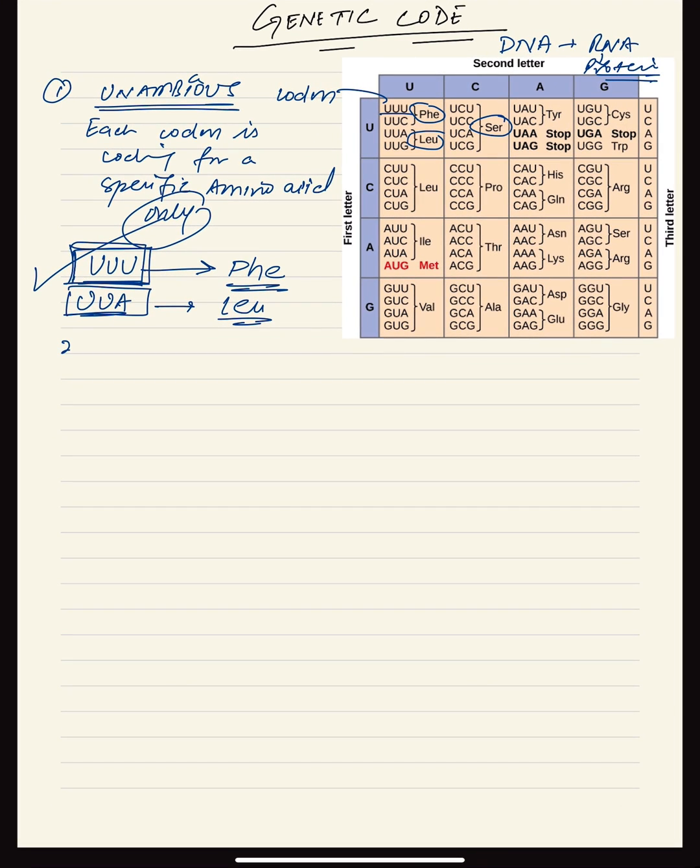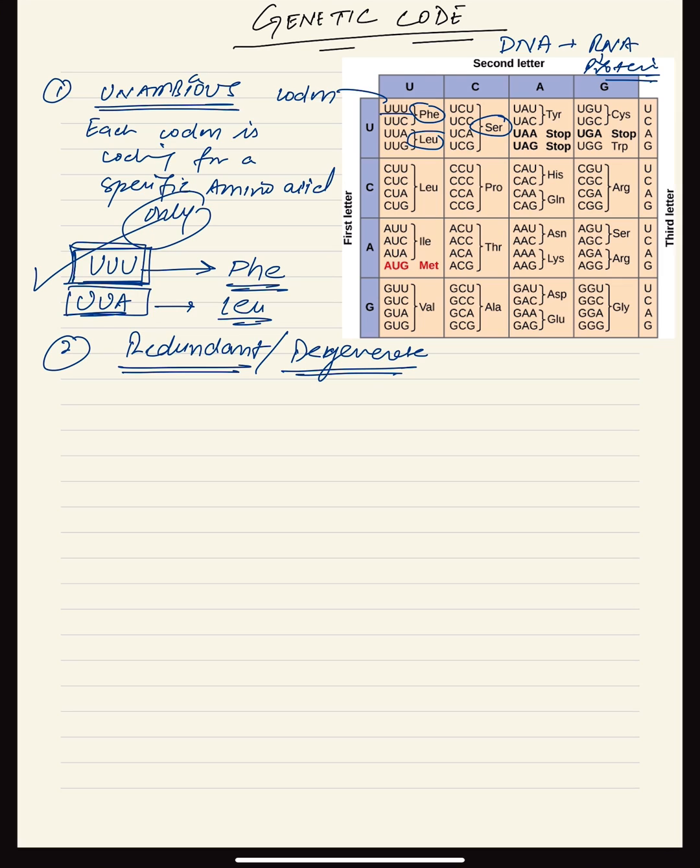Second feature of genetic code is that it is redundant, or we also call it degenerate, right? This is to remember, a specific name for the feature.